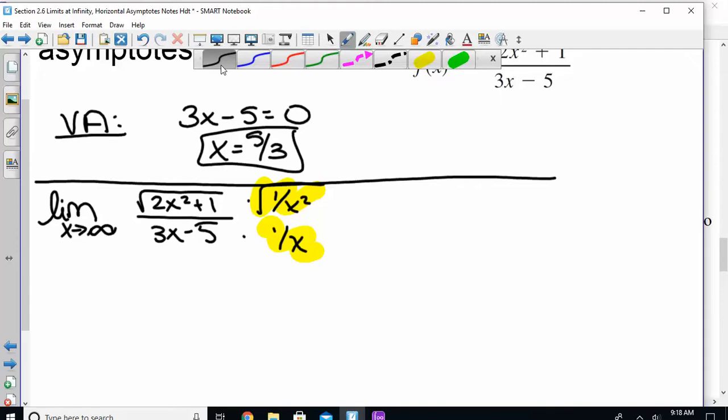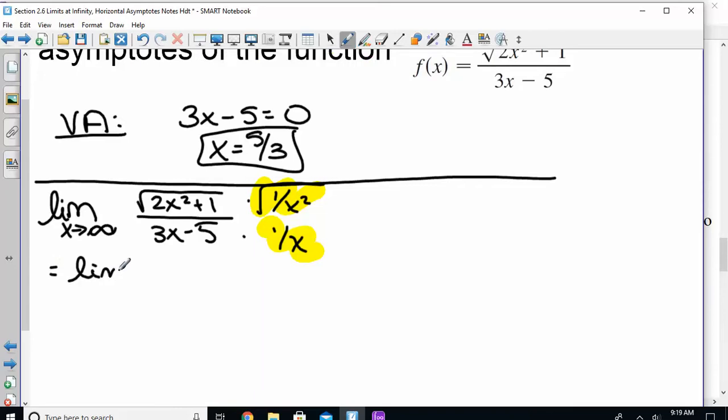Because I need to bring the first one under a square root, that's why I did it as the square root of 1 over x squared. But a square root and a square would cancel, so it is equivalent to 1 over x. So then we have 2x squared over x squared. Since they're both under the square root, we just get to simplify them. So 2x squared over x squared is 2, minus 1 over x squared.